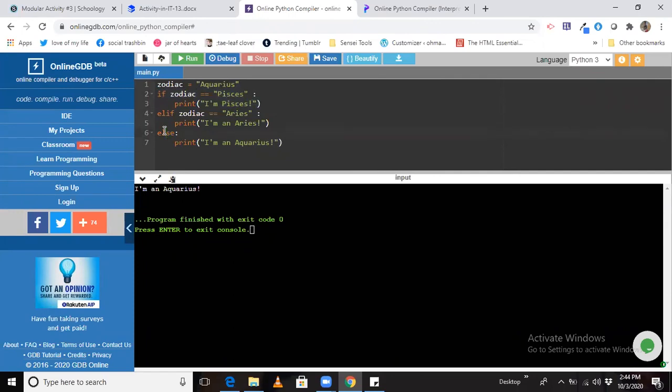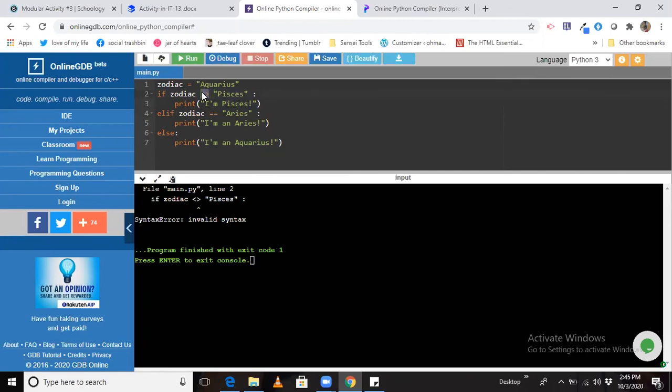Okay po. Yes, ma'am. So, again, your relational operators is very important. Kapag maling operator yung ginamit mo, mag-iiba yung output or expected output mo. Hindi gumagana yung not equal na ganyan.